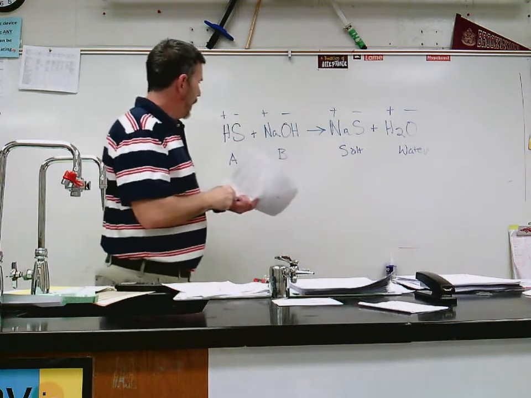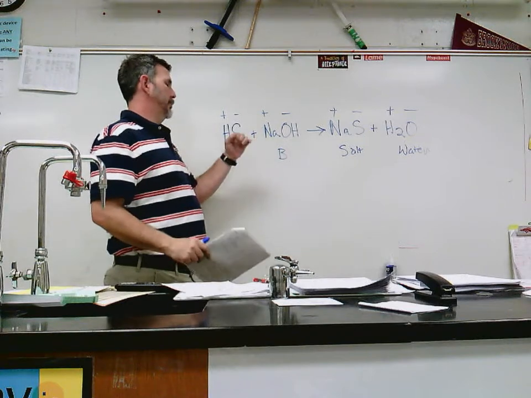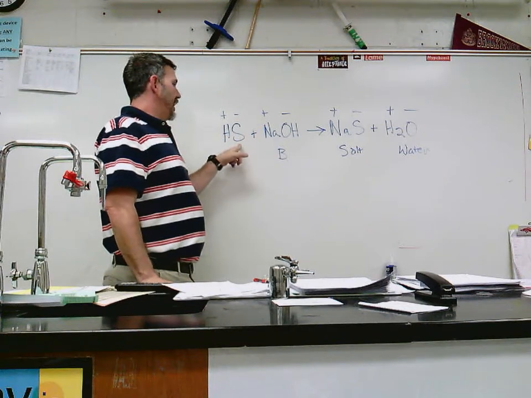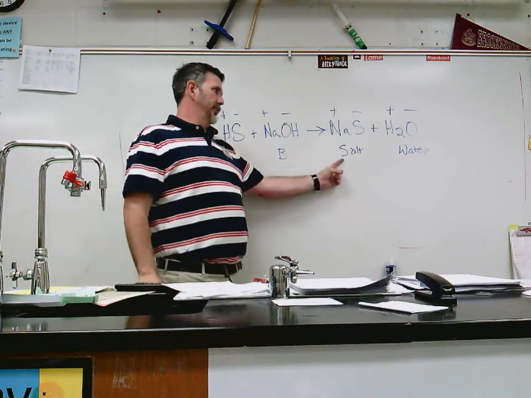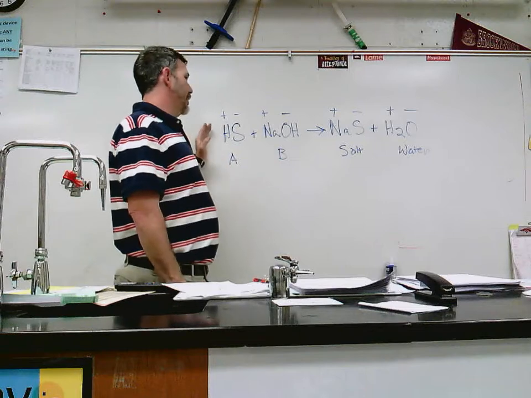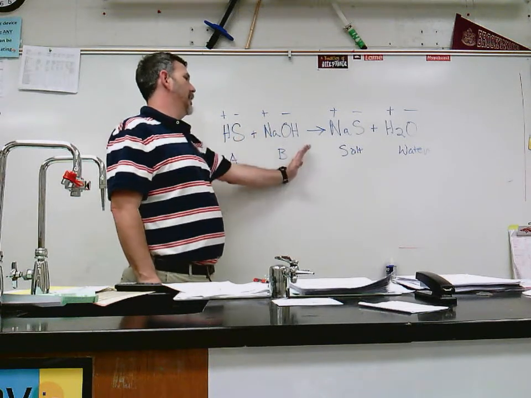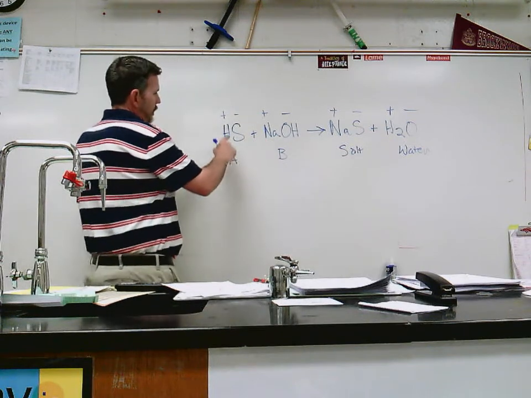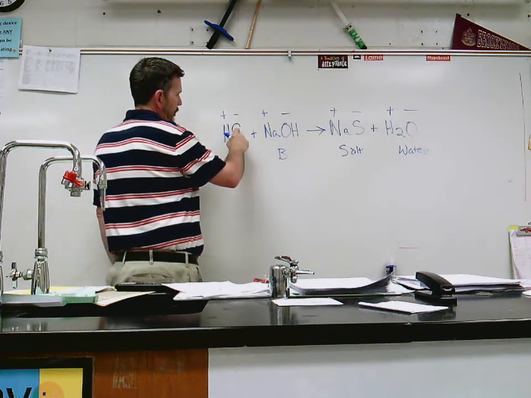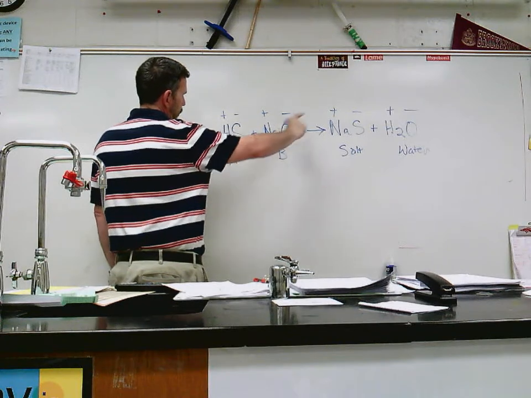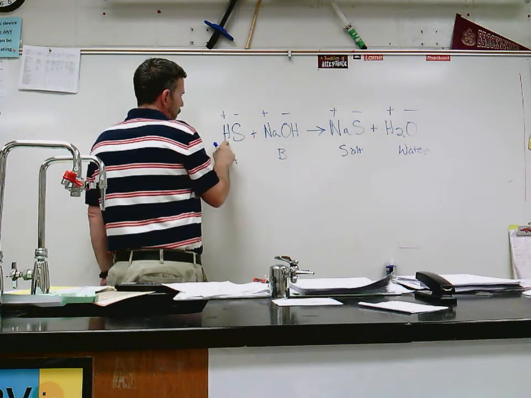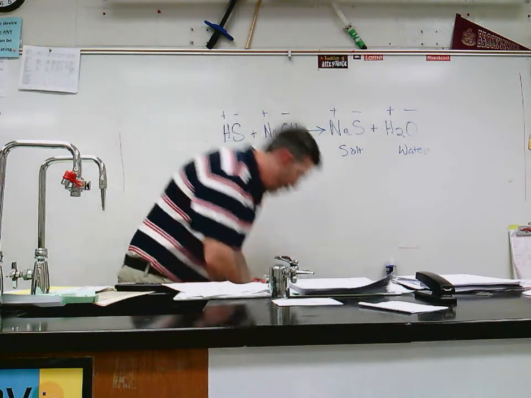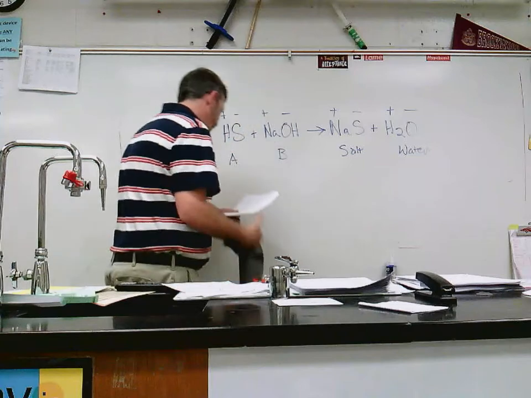The cation from my base joined with the anion from my acid and became a salt. And the cation from my acid and the anion from my base became water. Anion, cation, salt. Cation, anion, water. Hopefully everybody knows enough about that to do that.